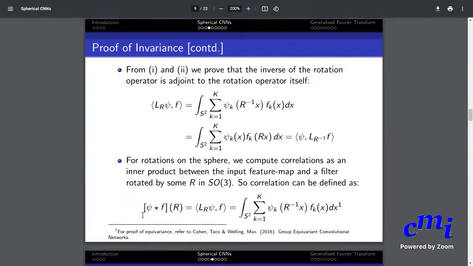To give some intuition, on 2D surfaces, the correlation, which is the measurement of similarity between two signals, is computed by finding the inner product between the input feature map and the filter shifted by the translation. So the spherical correlation is defined as psi star F over R.